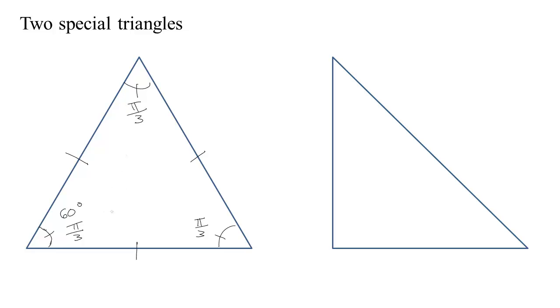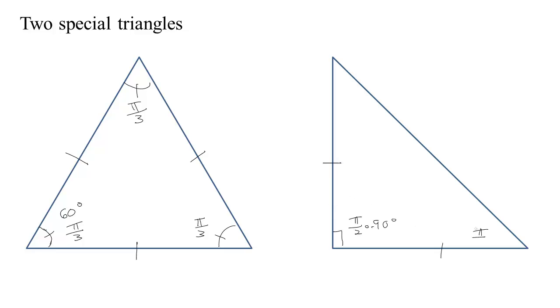So 60 degrees and pi thirds are going to play a special role for us because we'll see in just a second that it's easy to calculate the sine and cosine for those. The other case is the isosceles right triangle. In this case, we have a right triangle, so this angle is pi halves, or 90 degrees. Since the sum of the angles has to be pi, and since it's isosceles, that means two sides have the same length.